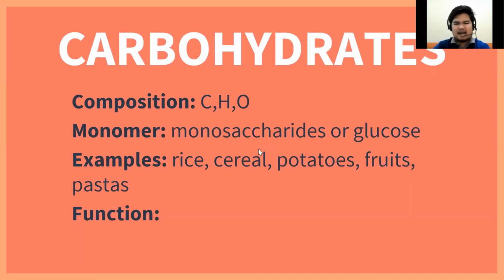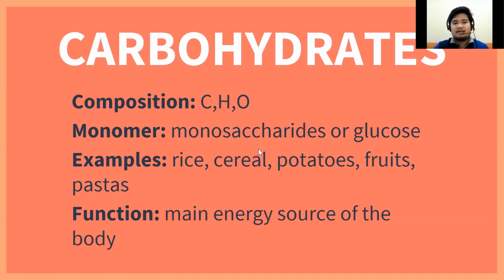And examples, rice, cereal, potatoes, fruits, pasta. And for the function, what is the function of carbohydrates? There are two functions. Main energy source of the body and as structural support for the plants and okay? So that's it for carbohydrates.